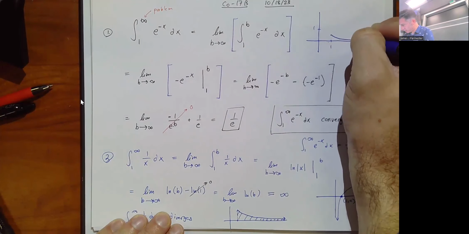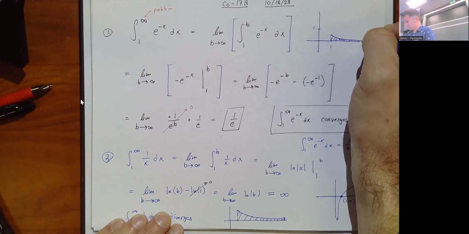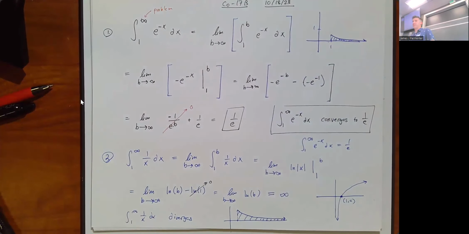It does something similar, but it gets small fast enough so that the area under that curve ends up being finite. If you graph these better than I have on Desmos, they both look like they're doing the same kind of thing. But this one has a lot more area under it than that one.